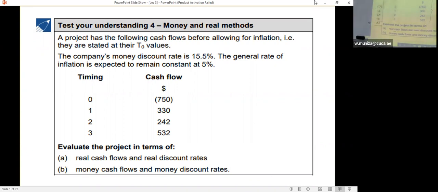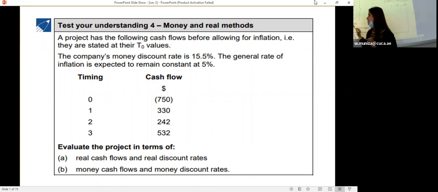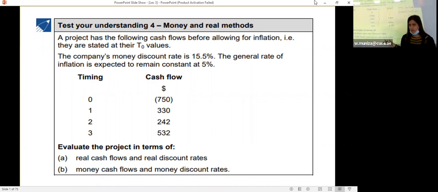Are you clear? Yes, dear, we are using the discount rate of 15.5% and converting it into 10%, so we have used that formula. This is the particular approach we have to follow. We cannot use the money discount rate while we have real cash flows; the real discount rate has to be used.